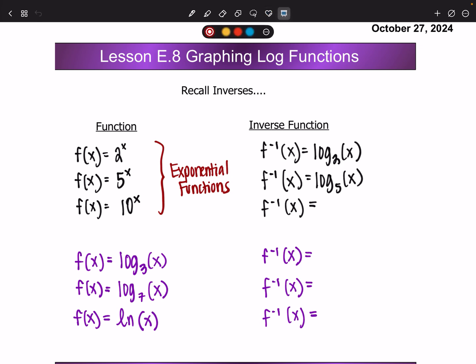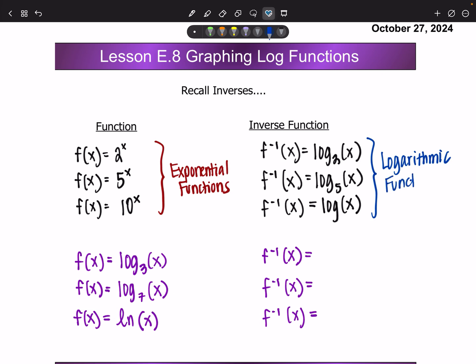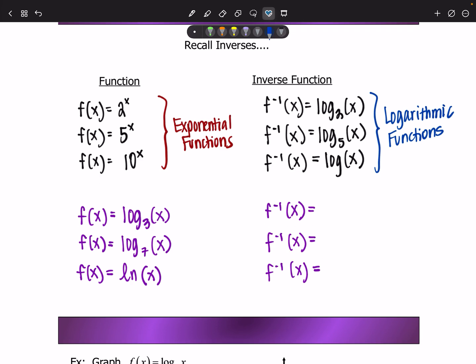The inverse of f of x equals 10 to the x is log base 10 of x, and we don't show the base 10 because it's the most common logarithm. These are logarithmic functions. Exponential functions and logarithmic functions have their inputs and outputs reversed.